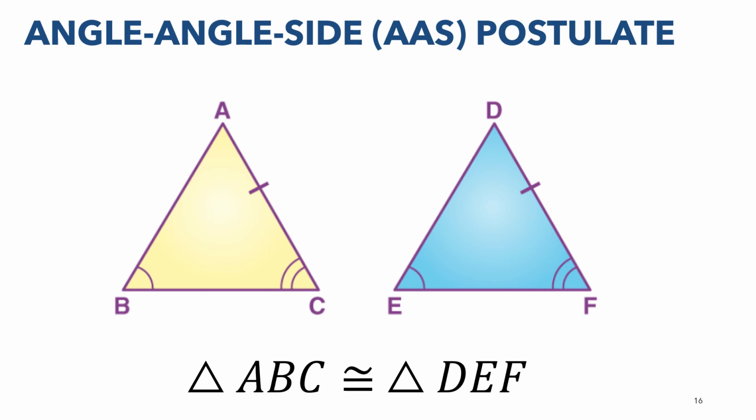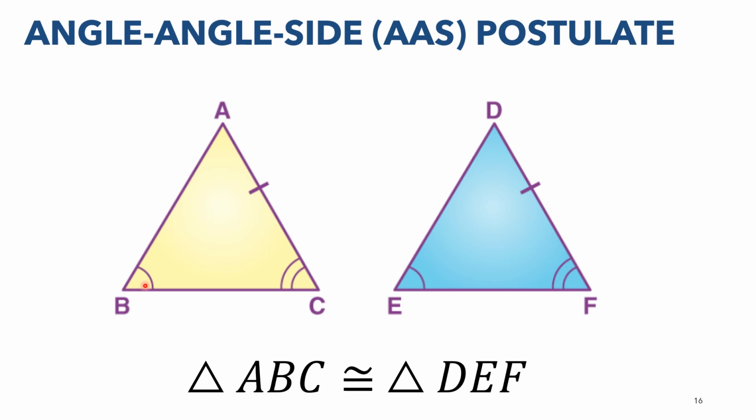All right, here we have angle, angle, side visually. If you're reading this around, now this one could be tricky to read. You could start here, you would say angle, angle, all the way around, side. Or you could start with the side and say side, angle, angle.